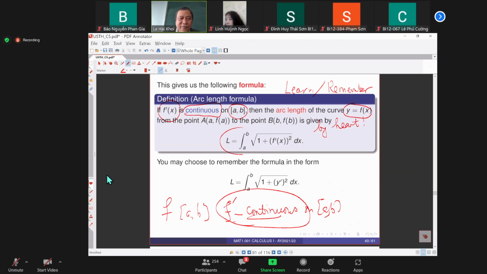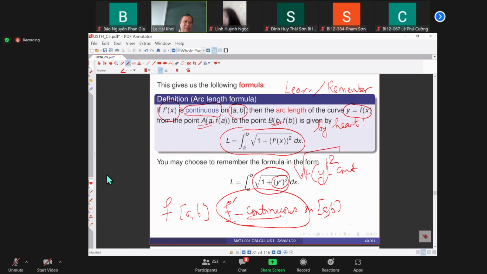In this case, the formula is given in such a form. The length L from point A to B on the curve y equals f of x is computed as the integral from a to b of the square root of 1 plus f prime of x squared dx, or you can write y prime squared. So this is the formula you need. Because y prime is continuous, y prime squared is continuous, plus 1 is continuous, the square root is continuous, and you have the integrand.